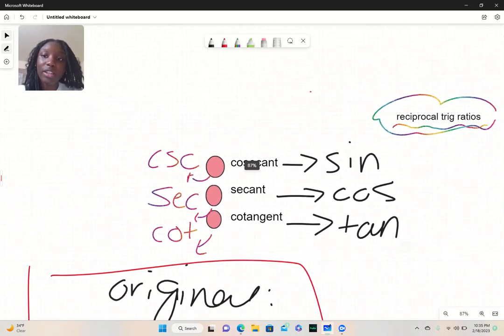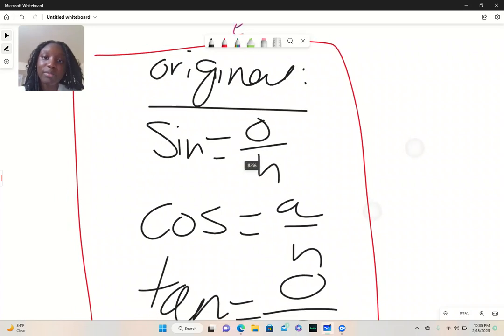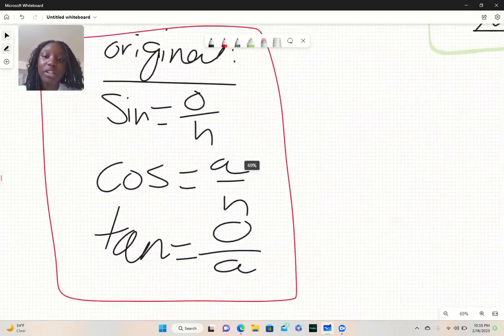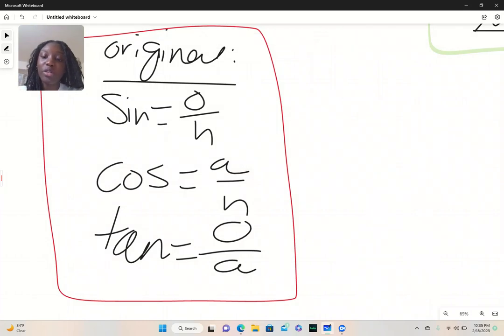So now let's look at the trig ratio equations. These are the originals. Sine equals opposite over hypotenuse, cosine equals adjacent over hypotenuse, and tangent equals opposite over adjacent. But since these are reciprocals, everything's going to be flipped.